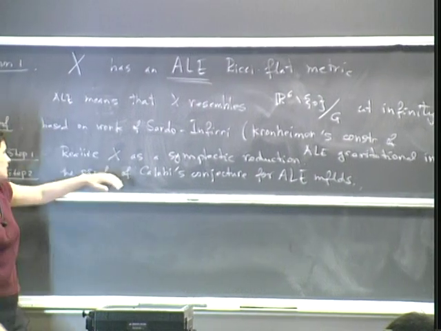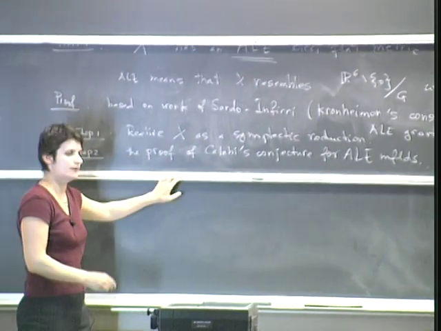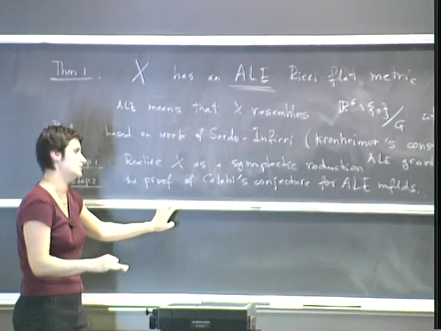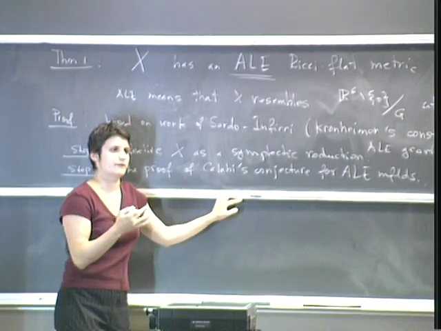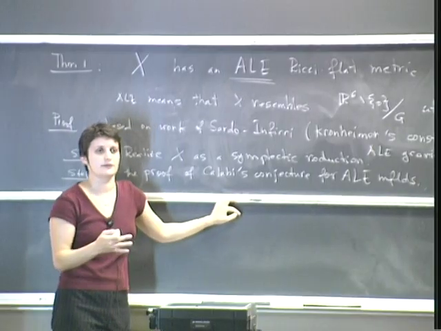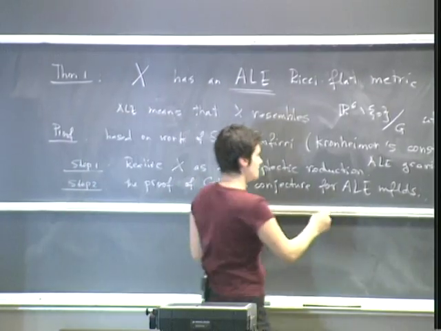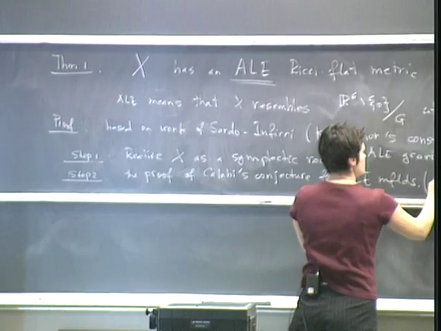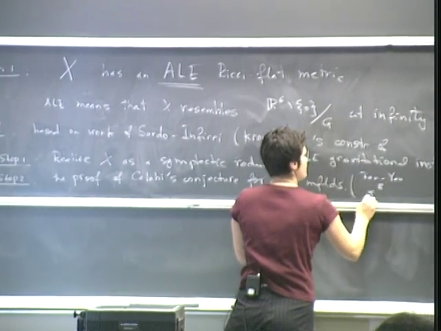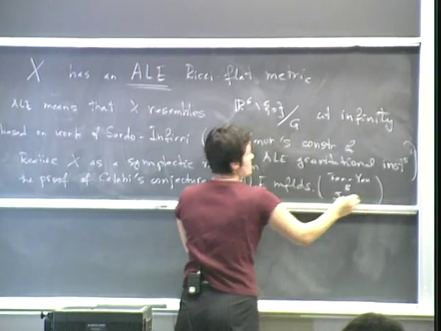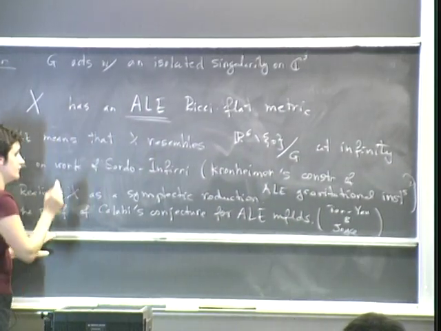Because realizing X as a simplicity reduction will give us an ALE structure. And then the proof of the Calabi-Yau conjecture will give us a Ricci flat metric in that Kähler class. And this proof belongs to Tian and Yau, and also Joyce. So you put these things together, and you get your Ricci flat metric.